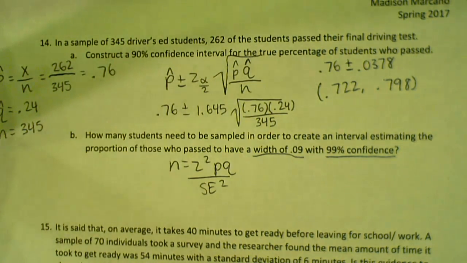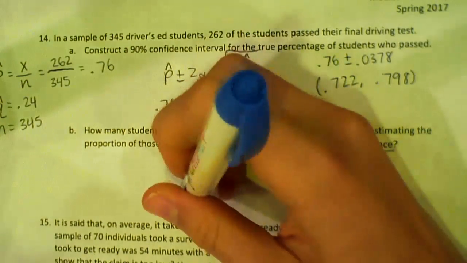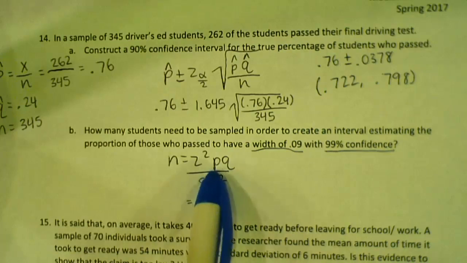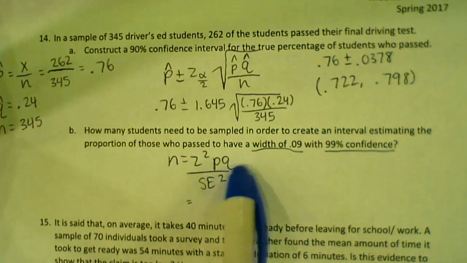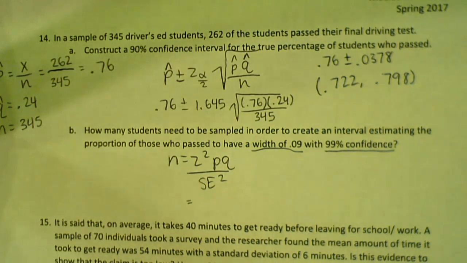Okay, so does it tell us what our success and fail is in this part of the problem? No. So if it doesn't tell us what p is, what can we assume? Yes, exactly, 0.5. And then if there's a 50% success rate, then we know there's a 50% fail, right? 50-50 chance.